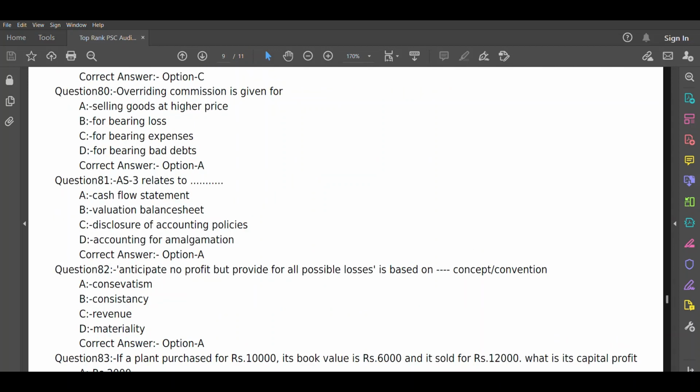Overriding commission is given for selling goods at higher price. AS3 relates to dash cash flow statement.